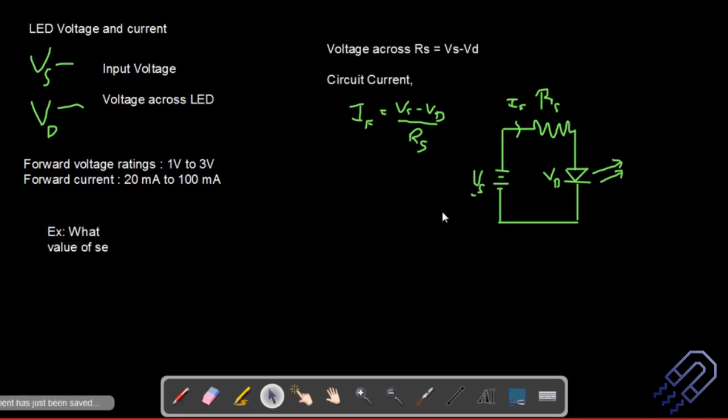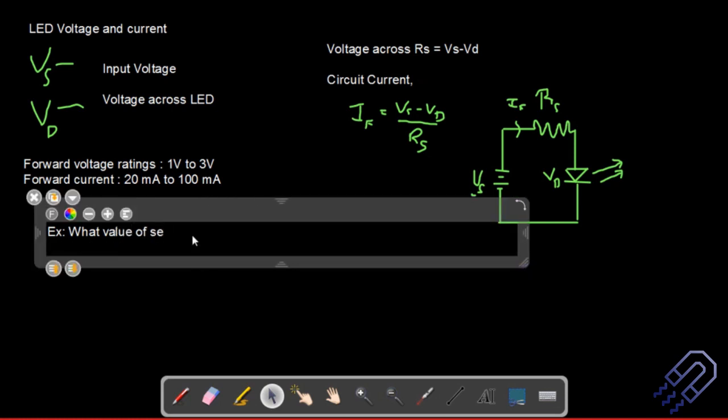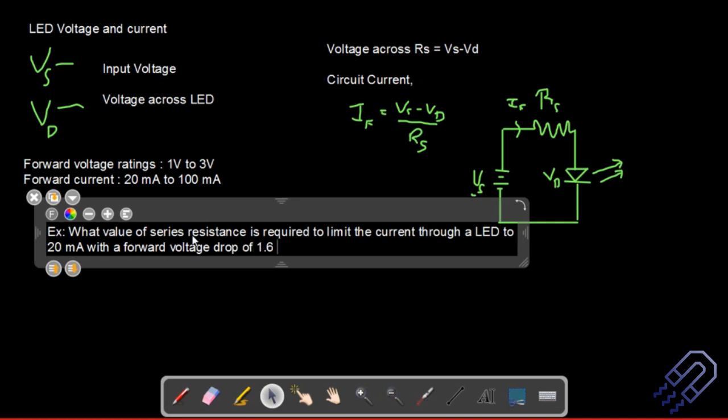What value of series resistance is required to limit the current through the LED to 20 milliampere, with a forward voltage drop of 1.6 volt when connected to a 10 volt supply?